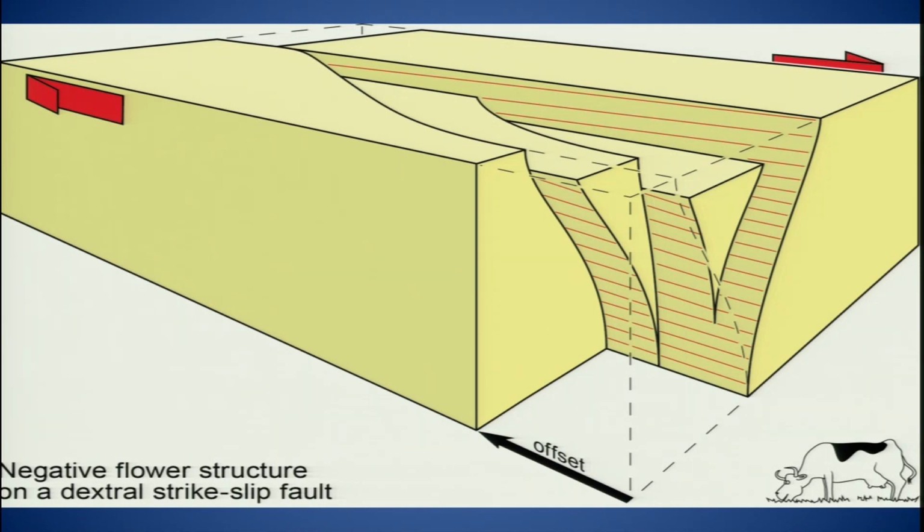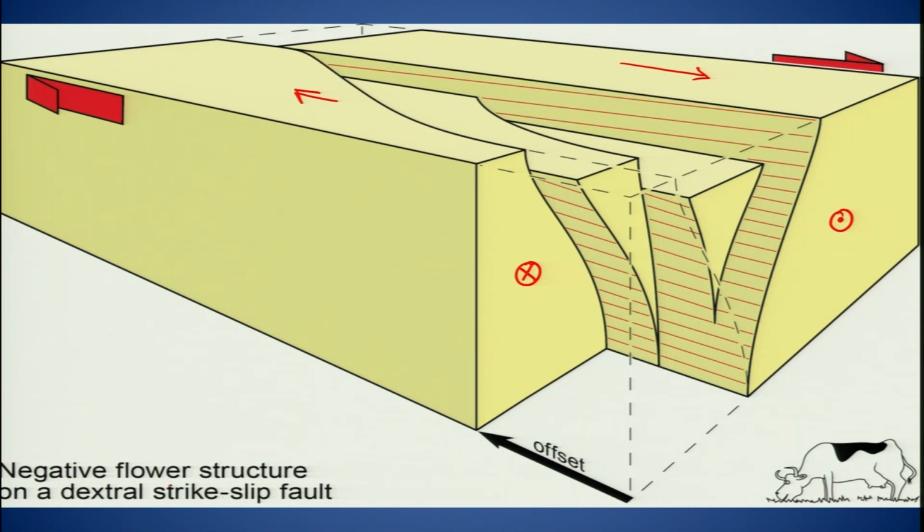Similarly, this is what we see, the negative flower structure, okay, in case of dextral strike slip. So you have the right lateral strike slip, this block has moved in this direction, so this is away from us. So this is your one and this is away from you.